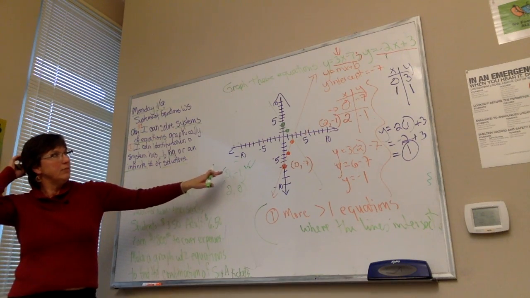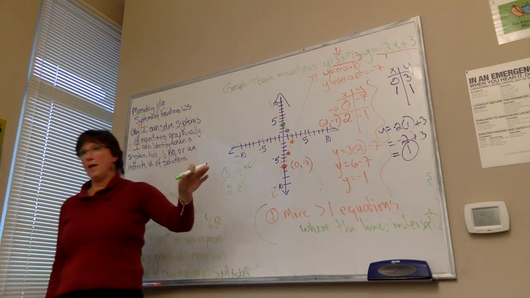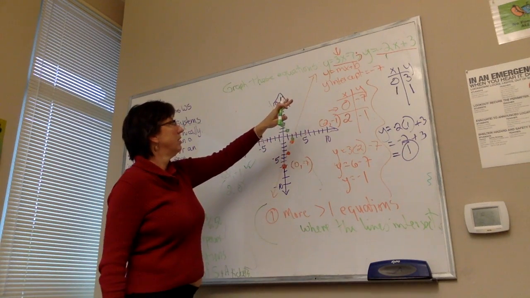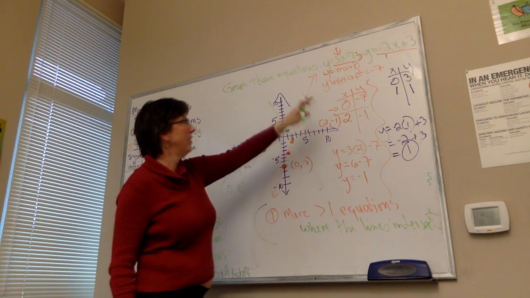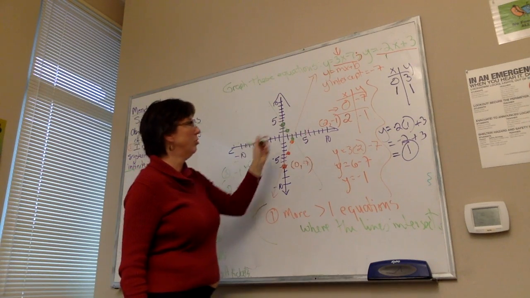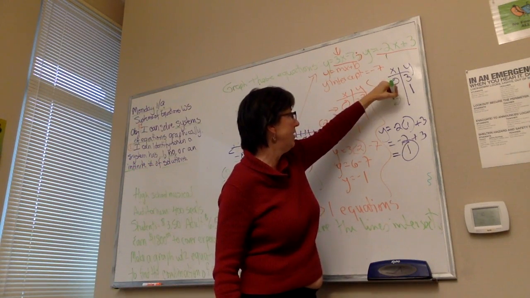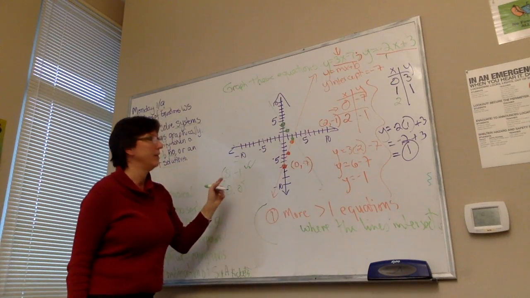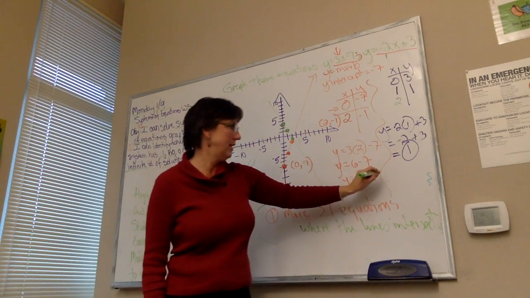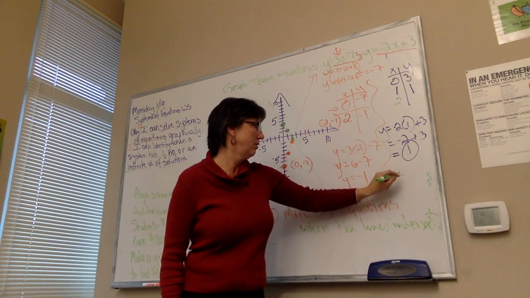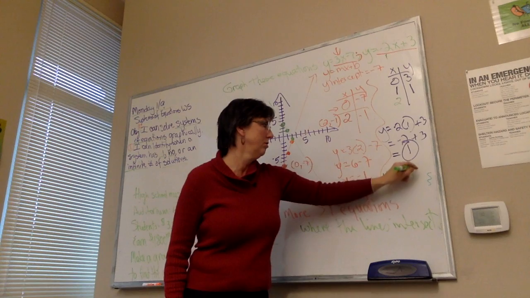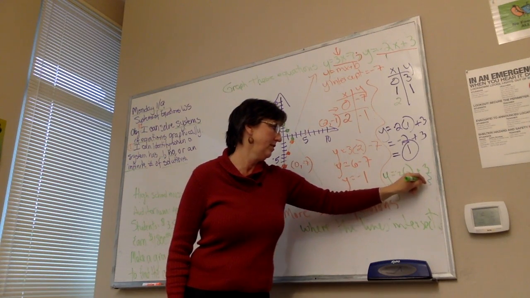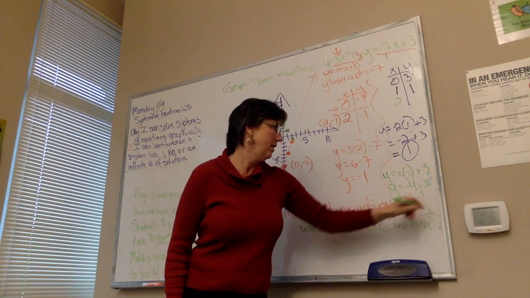So let's test it. We can test this mathematically. So if I put in 2 in this equation, I should come up with -1. Does that work? -2 times 2 plus 3, -4 plus 3. It does.